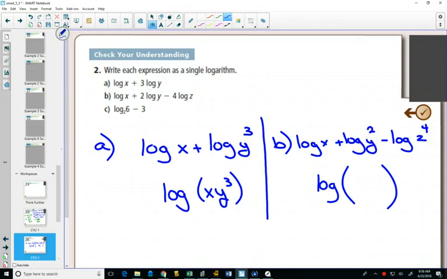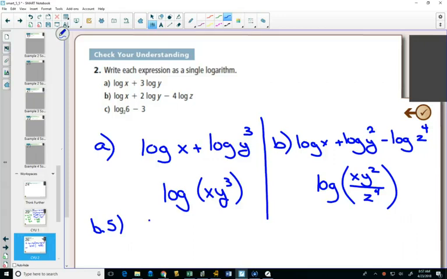Whatever is adding is going to be your product rule, and that will appear in your numerator. So x plus y squared will become x times y squared. And whatever is subtracting, in this case the z to the 4, will become your denominator for the quotient rule.